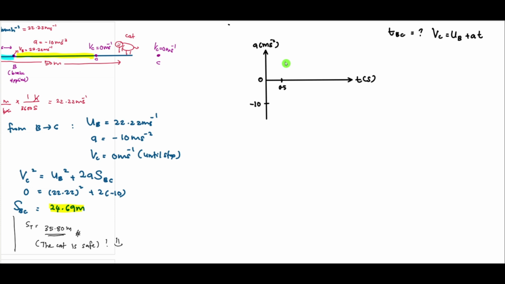Since at point C the car will stop, and UB is 22.22 meter per second, plus A is negative 10 T. So T is equal to 2.22 seconds. Ini adalah masa daripada B to C.